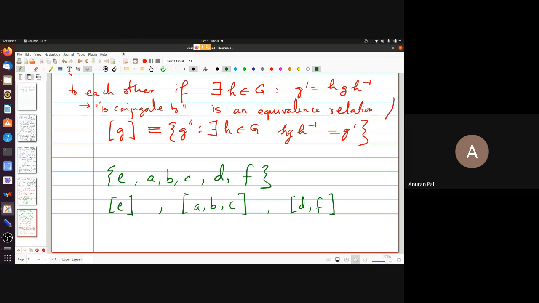For example, in the symmetric group of a square, you will have four rotations: 0 degrees, 90 degrees, 180 degrees, 270 degrees. Even here you can see all rotations don't belong to the same class.